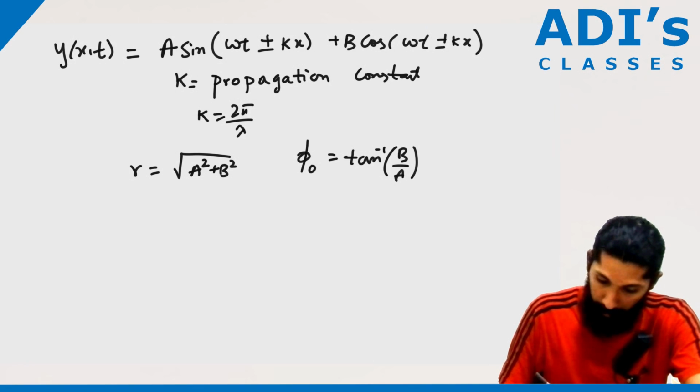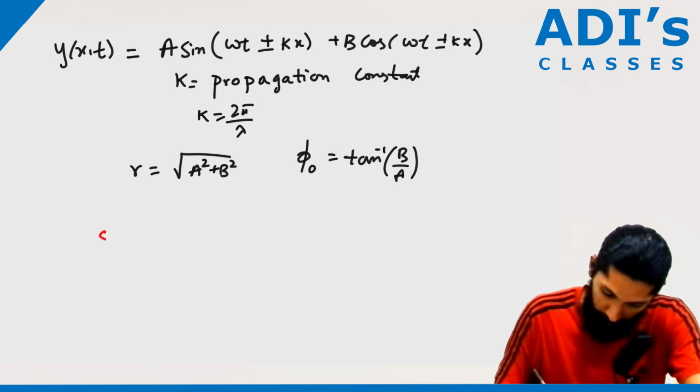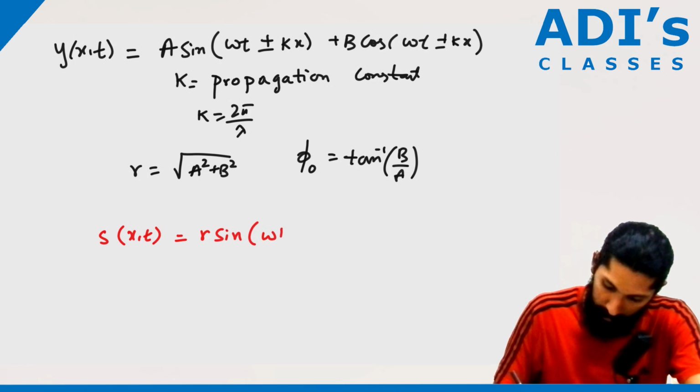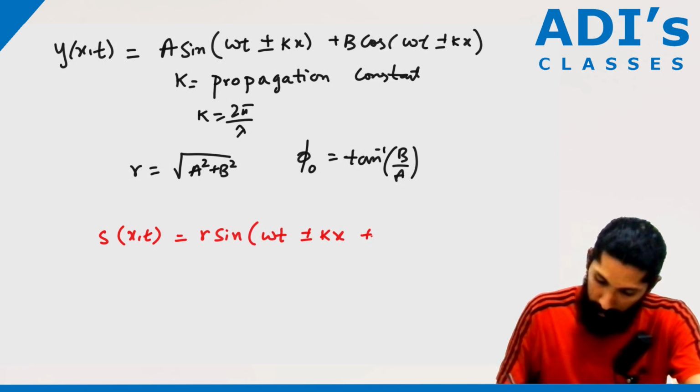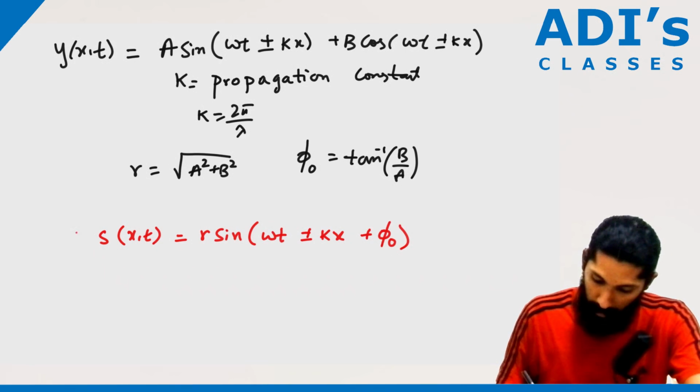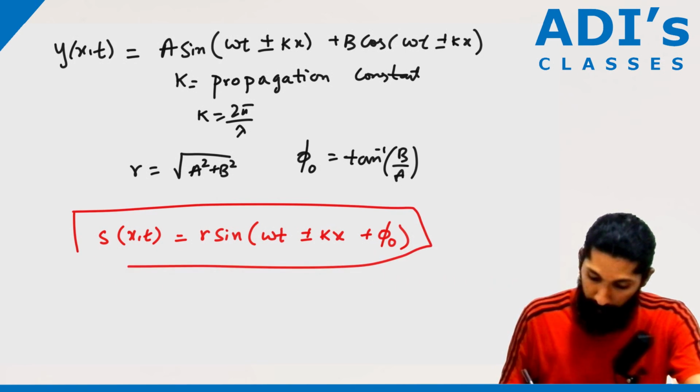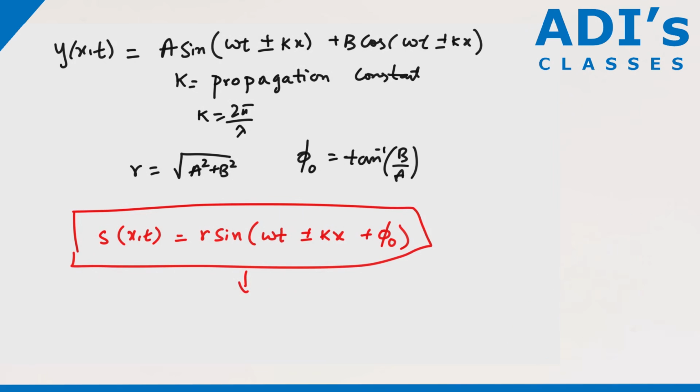Then the equation becomes S of x comma t is equal to r sine of omega t plus or minus kx plus phi naught. This is very specific to longitudinal waves only. Fair enough?